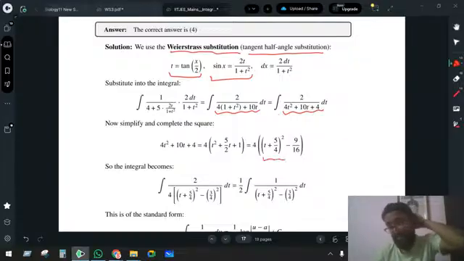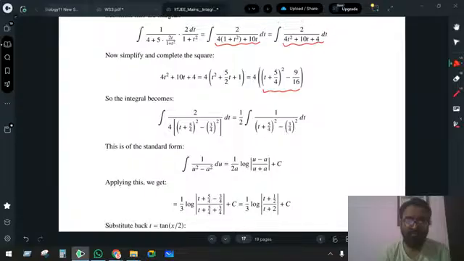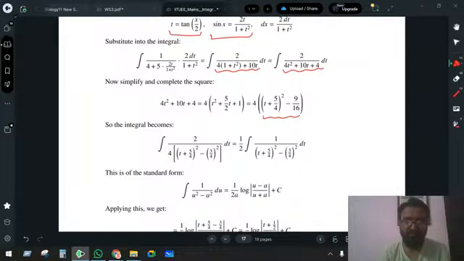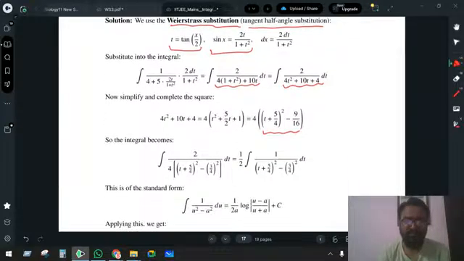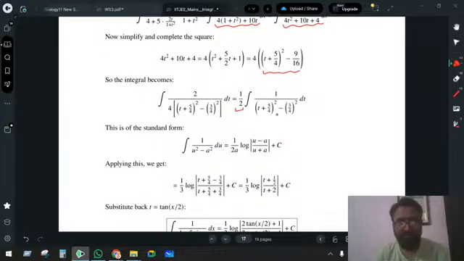And it becomes 1 by 2, it is 4 whole square. Is there any numerator? Numerator we have already 2. So by 4 becomes 1 by 2 outside, and integration 1 upon t plus 5 by 4 whole square minus 3 by 4 square.